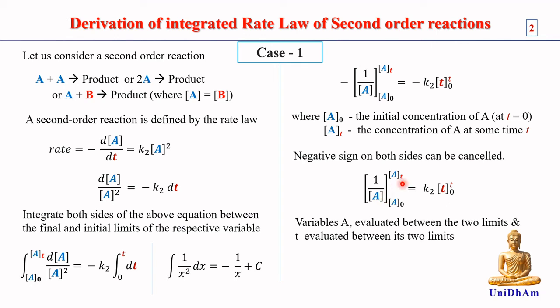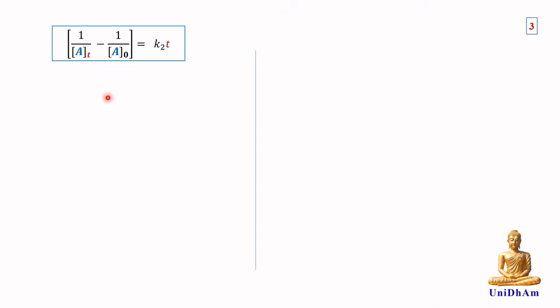Apply the limits on both sides. This equation becomes 1 by At minus 1 by A0, which is equal to K2 t minus 0. This equation becomes 1 by At minus 1 by A0, which is equal to K2t.